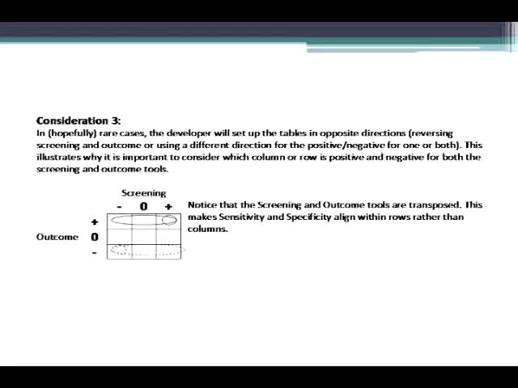There is one third consideration, and in some cases the table is presented in a different way. And what we wanted to do on the tools is to highlight the fact that you need to make sure which way screening and criterion measures are presented, because it would push the sensitivity and the specificity analyses in different ways.